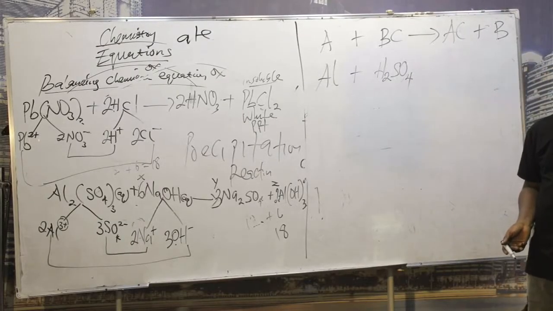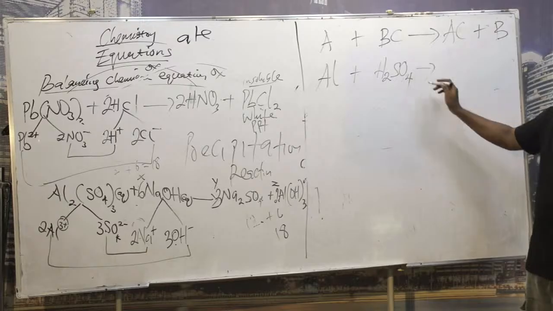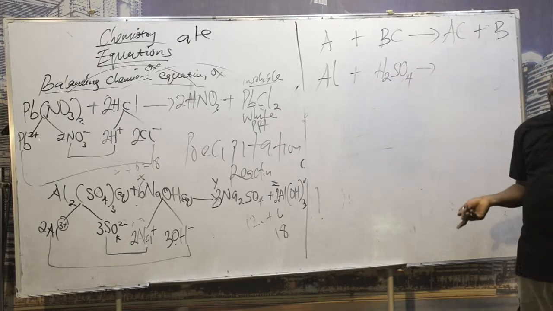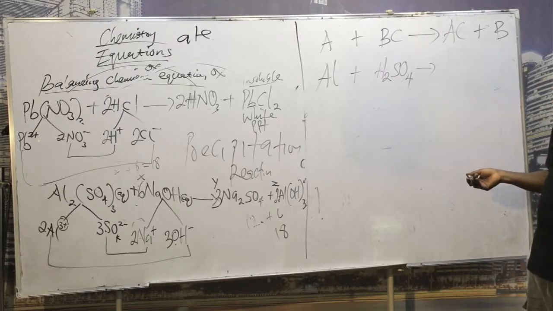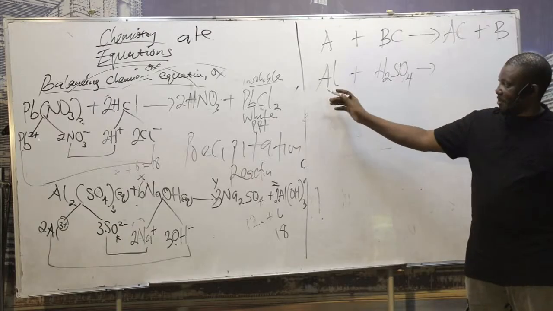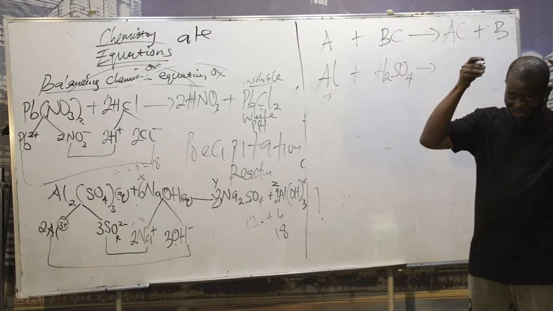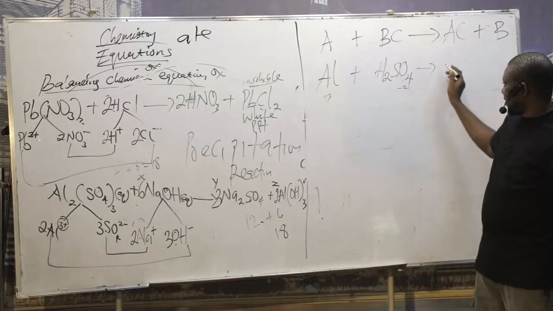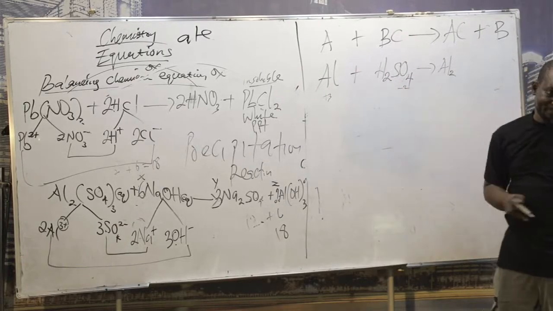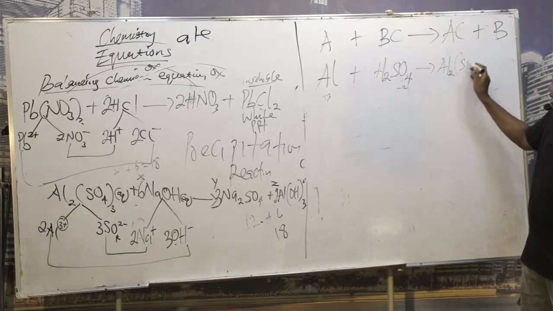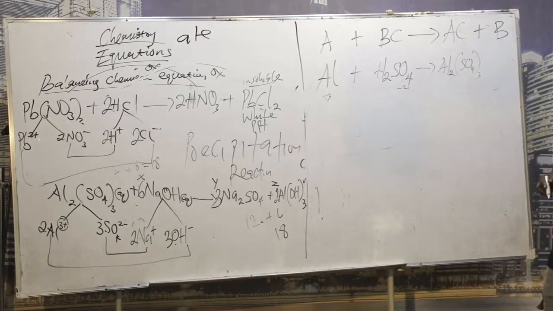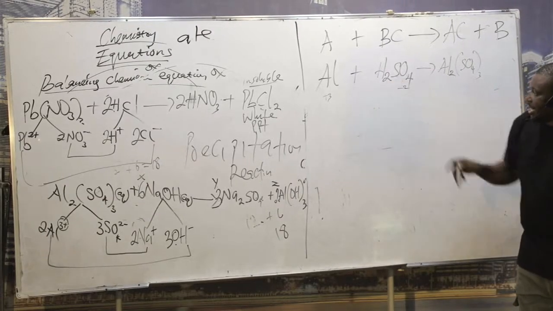What is happening here? Aluminium will displace H2. When aluminium is displacing, you should be mindful of the oxidation states. Aluminium will have plus 3, SO4 minus 2, so what we have here is Al2, 2 of this will go to this one, then bracket SO4, 3 will go to this one. And what happened to this one later? It becomes what?